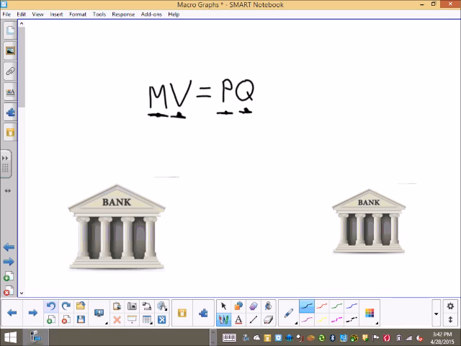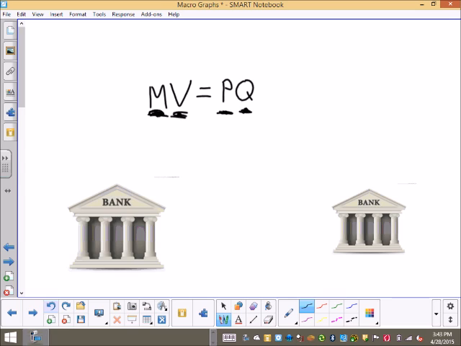But keep in mind, if you keep the money supply stable, but all of a sudden your prices and quantity here are increasing, that must mean what's not constant? The velocity. Make sure you understand what each of these means and how one would affect the other.